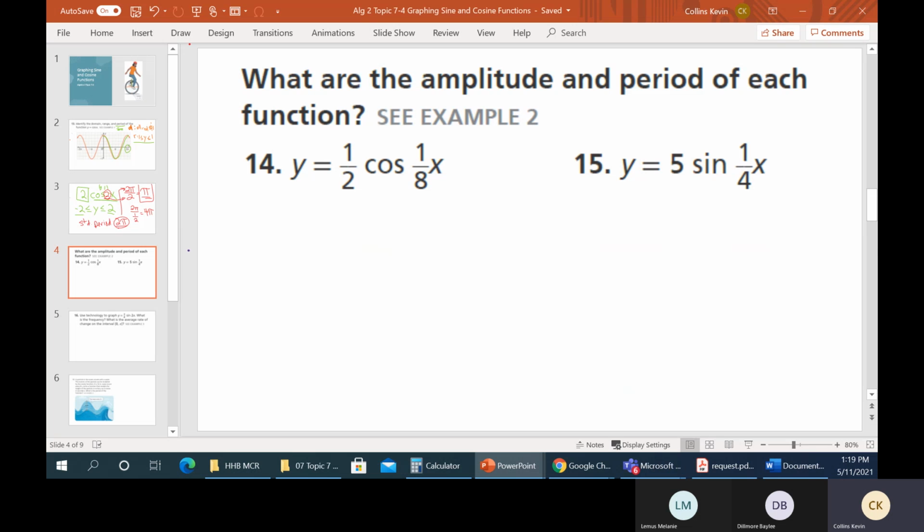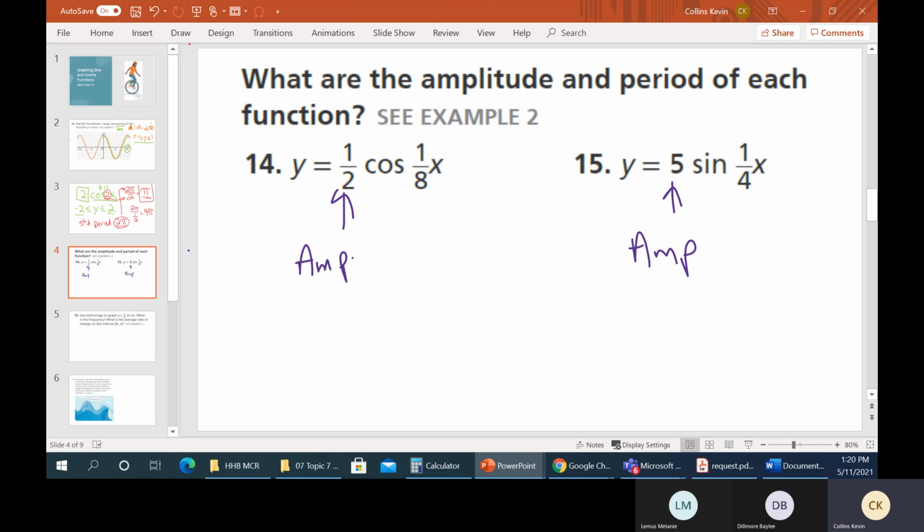Yeah, just 1/2. That's your amplitude right there. And how about 15? What's the amplitude there? So when they ask you amplitude, that's one of the easiest things they can ask you. It's just the number in front of the sine or the cosine function.